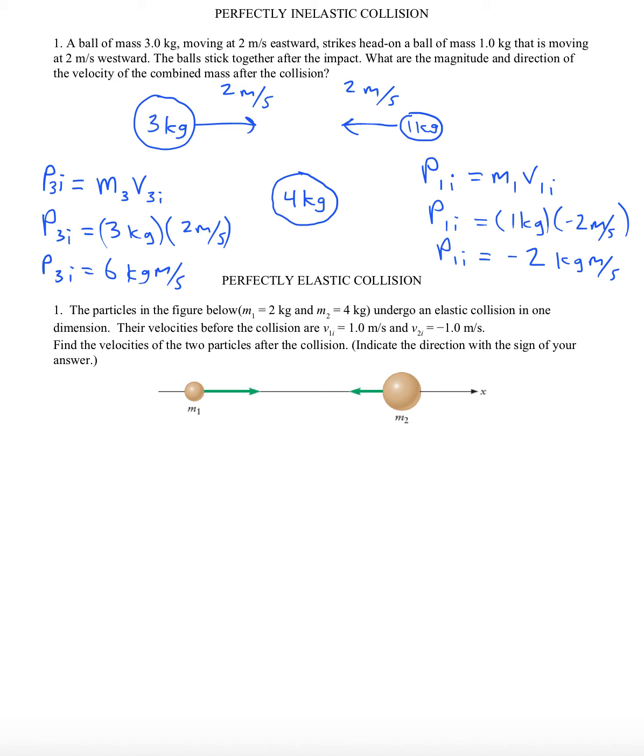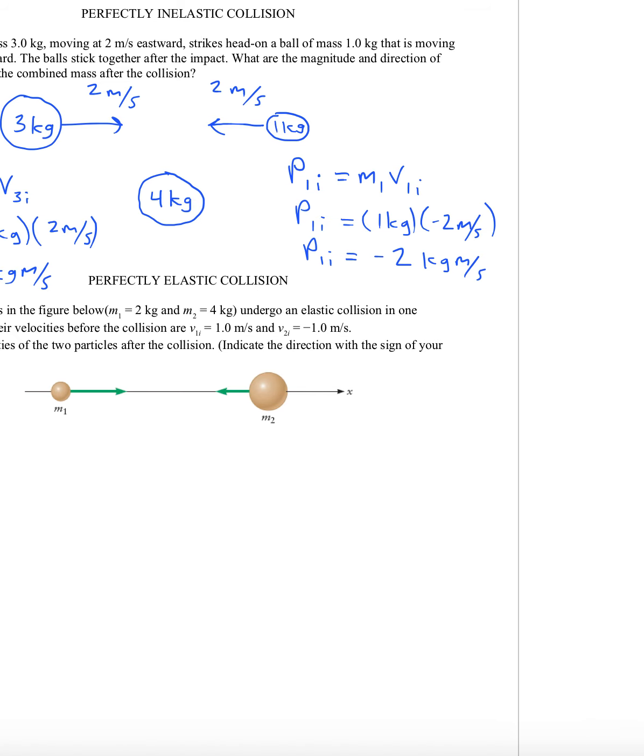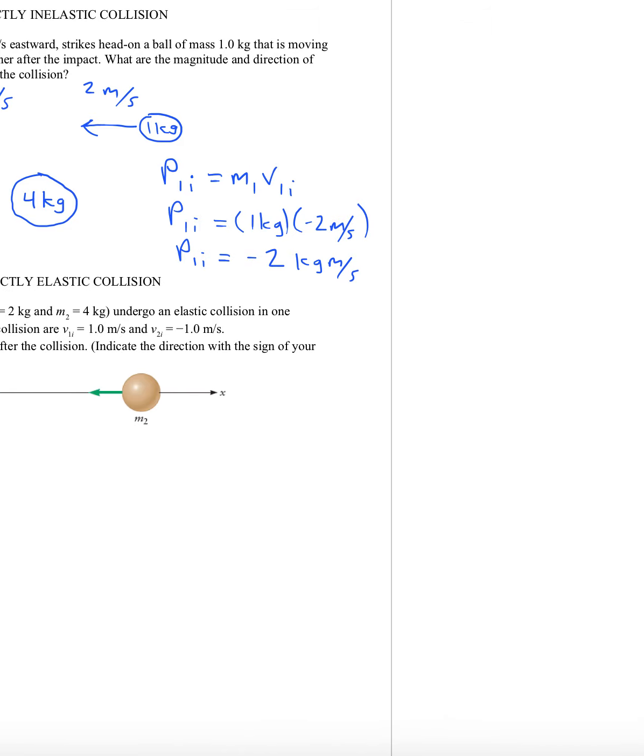So what we see here is that our sum of momentum initially is 6 kilogram meters per second minus 2 kilogram meters per second.